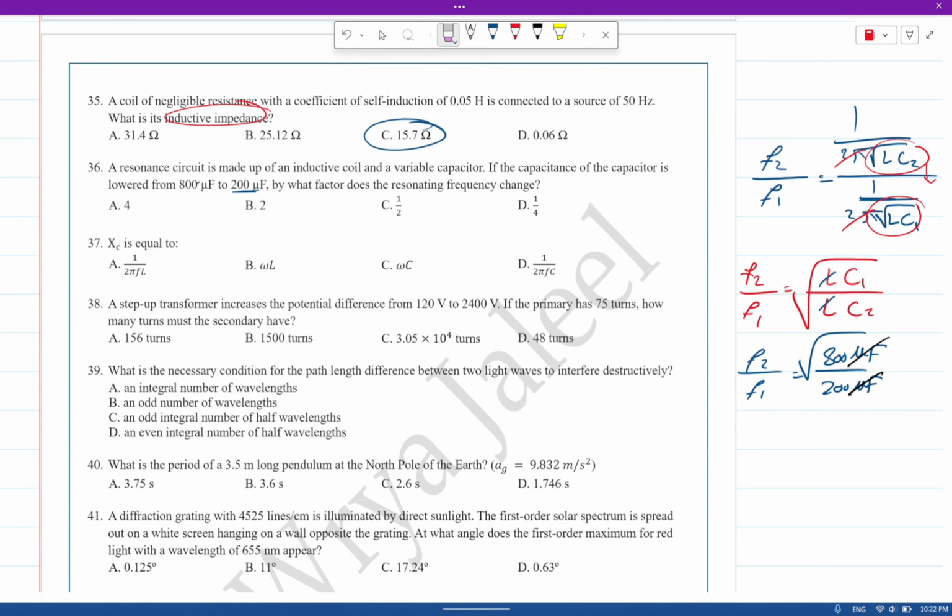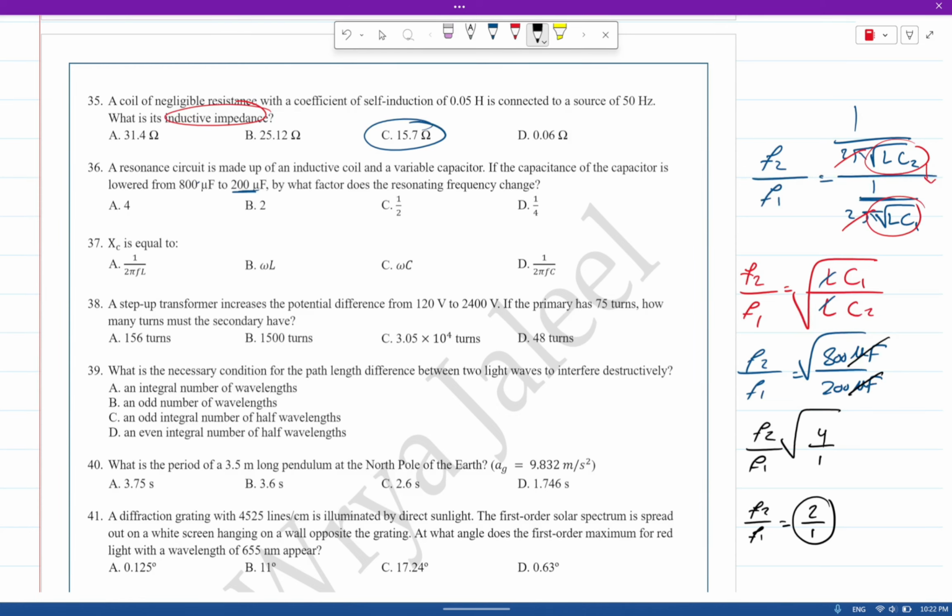So in this case, 800 divided by 200, you could simplify this. That is simply 4. So F2 over F1, it is not 2 first, my bad. First of all, that is going to be 4 over 1. But if you take the square root of this, F2 over F1 is equal to 2 over 1. We'll write 2 over 1 if they want the ratio.